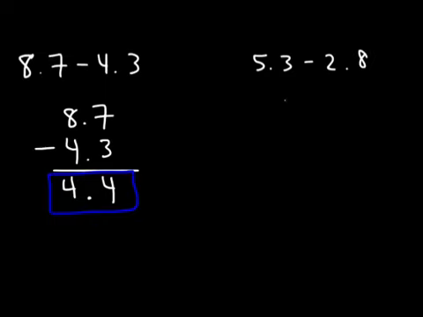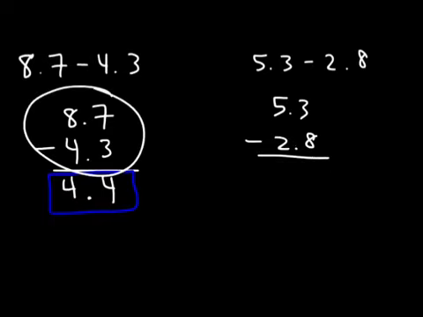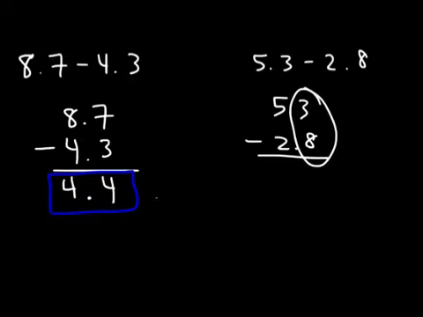Now the second problem is a little bit different than the first two ones. I mean, this one and the one before that. Because we can't really do 3 minus 8. If we try to, that's going to give us negative 5. And when you encounter a situation like this, you need to borrow a 1 from the 5.